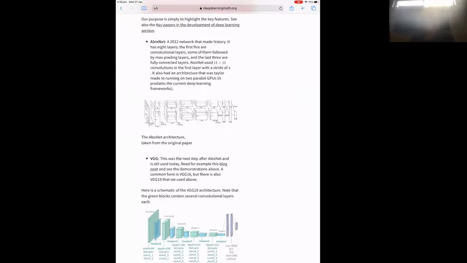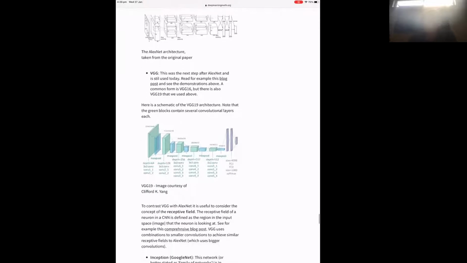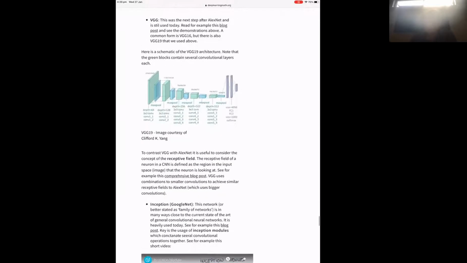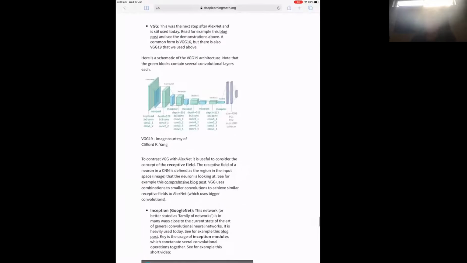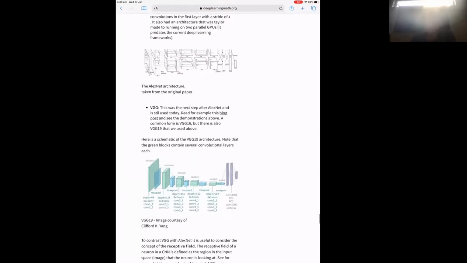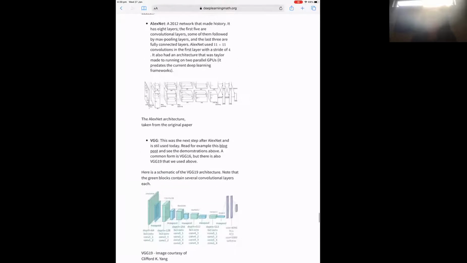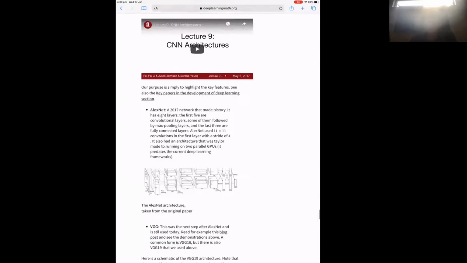Okay, so the next step after AlexNet, well, in 2014 there was actually the Inception Network, which is our third one, or called GoogleNet, but has Inception modules, but VGG. So we've already looked in detail at the VGG network here, or in some detail.